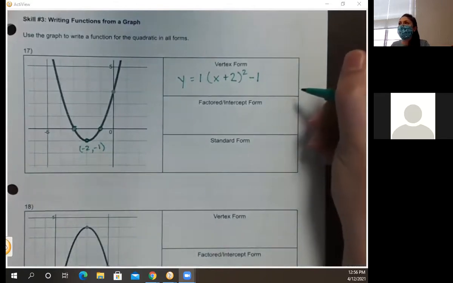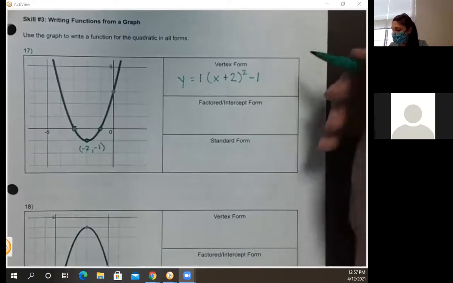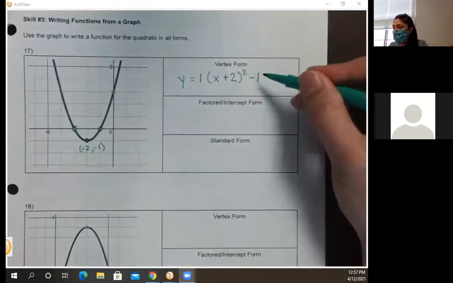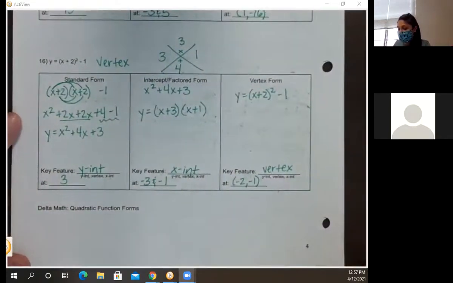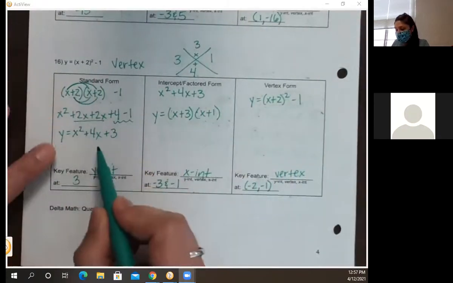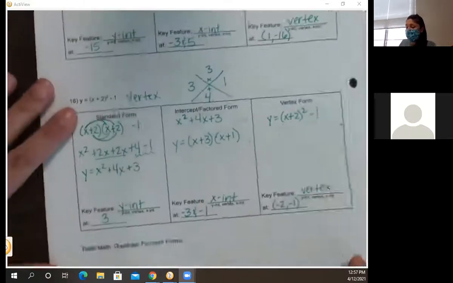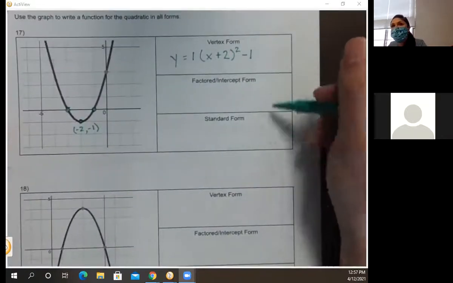Questions for me so far? Okay. Now we can use vertex form to get these other two function forms. That's what we did last week. For this problem, we said we have vertex form, distribute it to get standard form, and then factor it to get intercept form. Could do that same thing here if we wanted to.